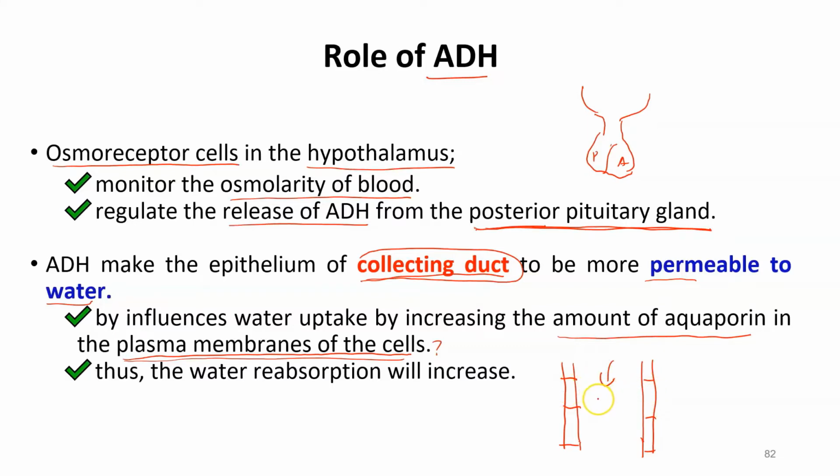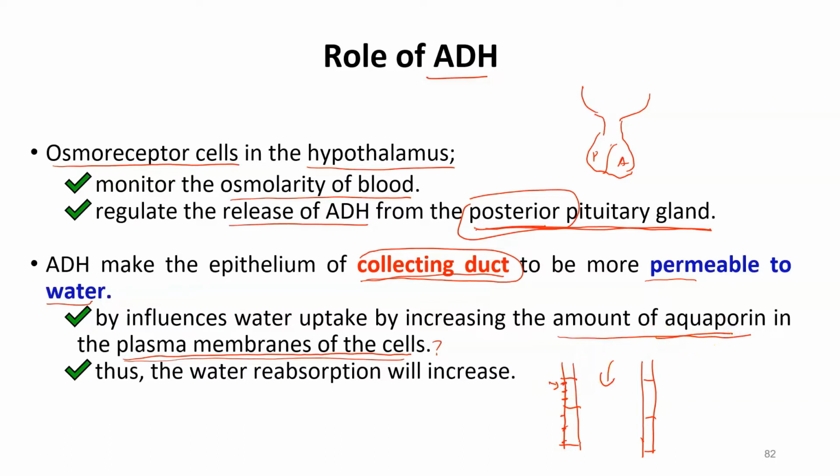So the function of the ADH hormone, so ADH hormone is secreted from the posterior pituitary. It travels along your blood circulation until it reaches the target organ, which is the kidney, right? So in the kidney, it causes the cell of the transport epithelium to be added with more aquaporins.